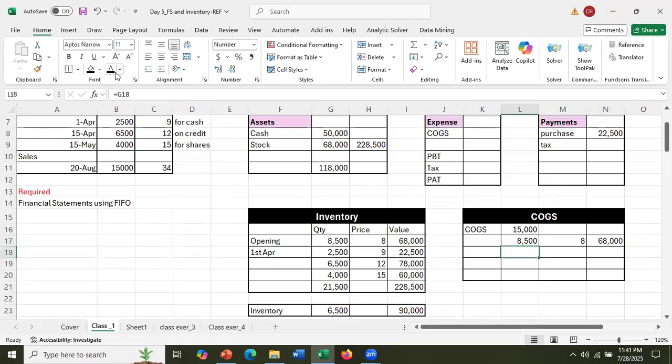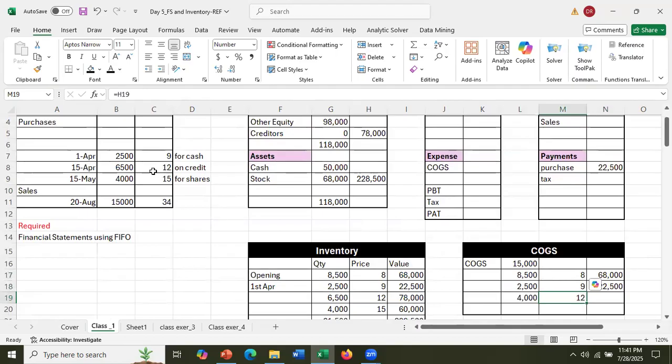The next one is from the second lot of purchase. Cost of goods sold is 22,000. Then the balance 4,000 is from the inventory which is there in the 12.